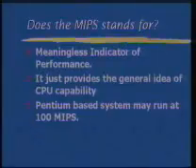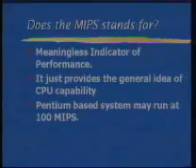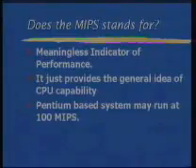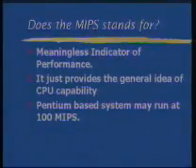In the next slide, I am trying to define what MIPS stands for, and one of the things I have mentioned there is that it is a meaningless indicator of performance. The second point is that it just provides a general idea of CPU capability, which I have defined to you. And the third point is that a Pentium based system may run at 100 MIPS, which is just a rough measure.